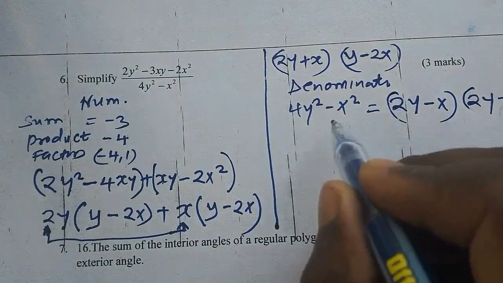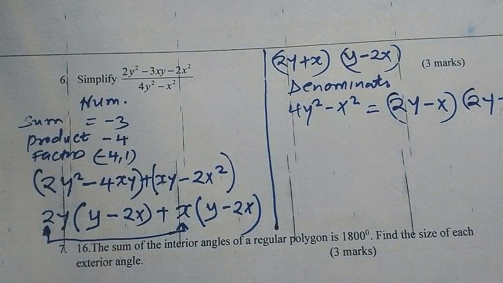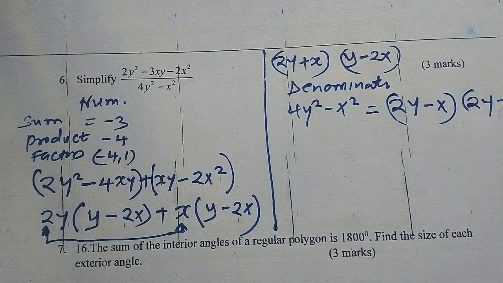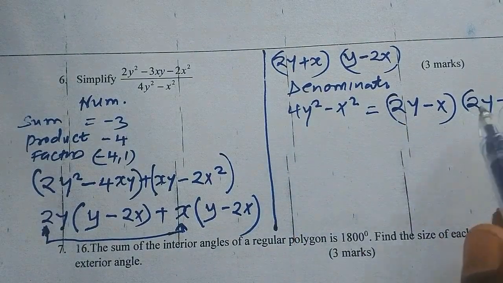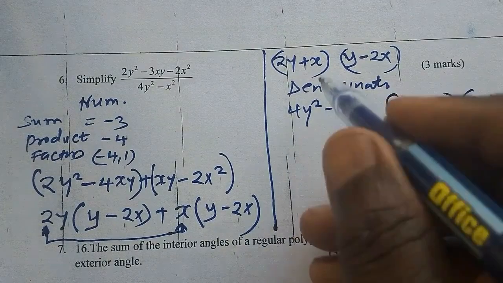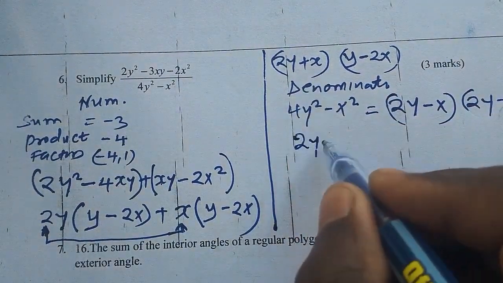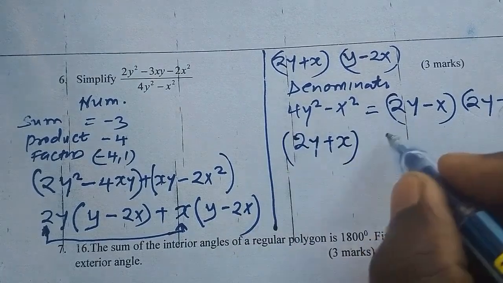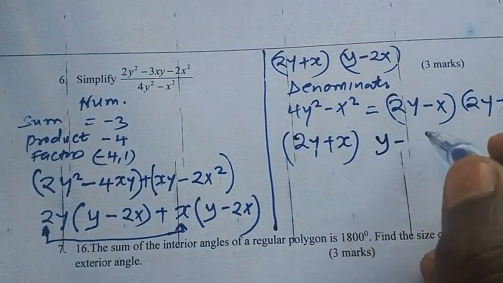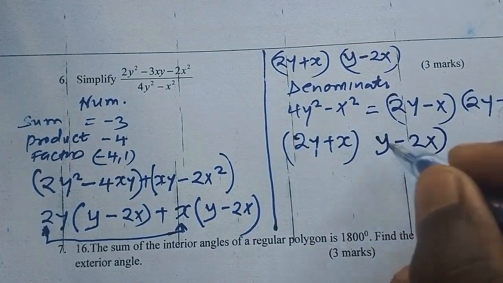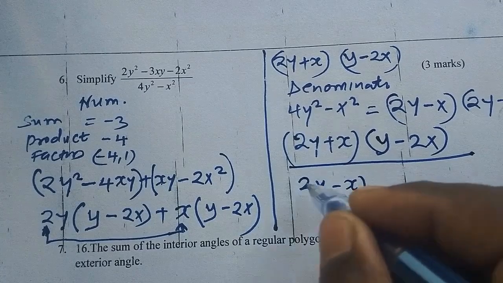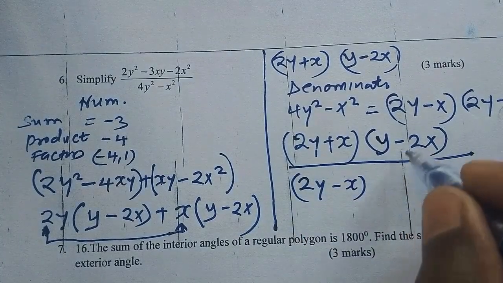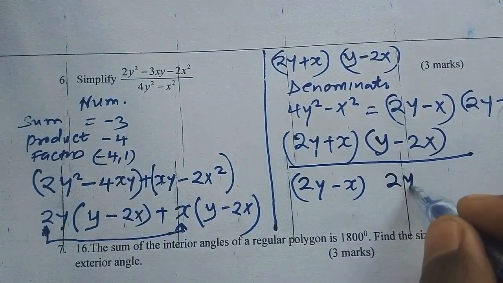So you need to understand the content in form 2, which is a difference of 2 squares. So when you see this one, you need to know it is like this. Now you have the numerator, which is 2y plus x, y minus 2x, divided by 2y minus x, 2y plus x.